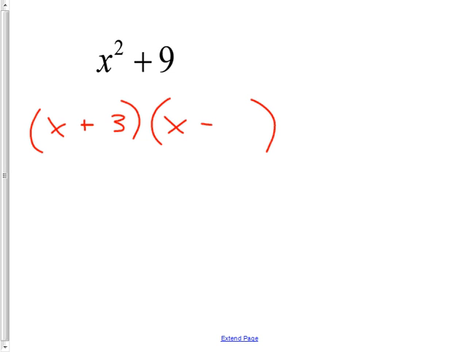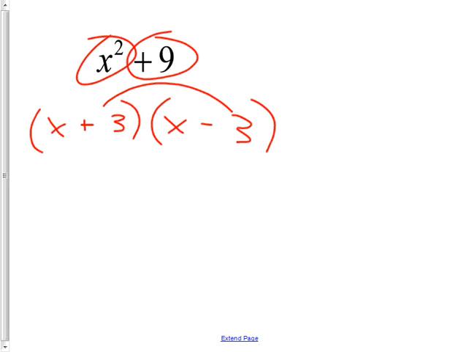Let's say I think the answer is 3, and I actually multiply this out. First, give me x squared. Yay. Outside and inside cancel. Last, give me a negative 9. Wait a minute. That didn't give me the right thing. See what I mean? It's a factoring test. You can check yourself on every single problem. You can multiply it all back out and see if it worked. You can know if you got it or not. I know I did not get it.